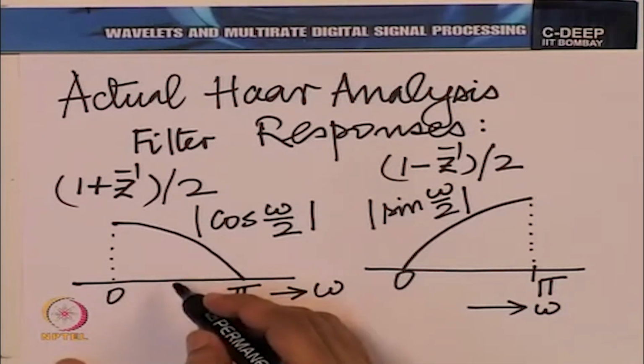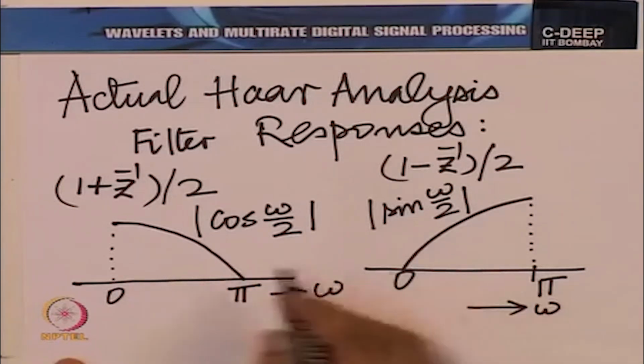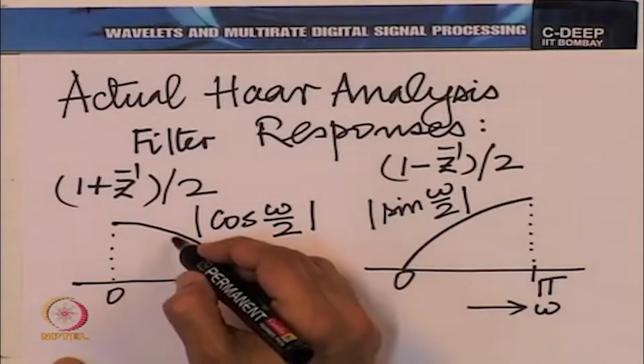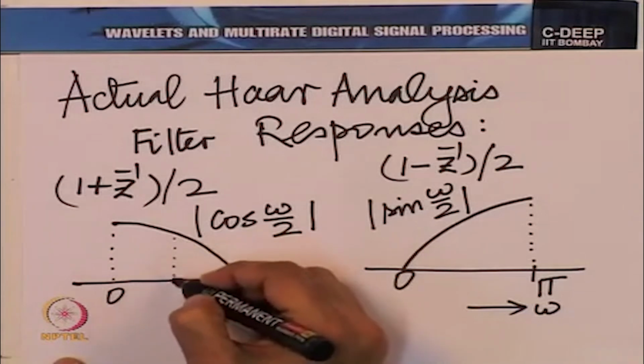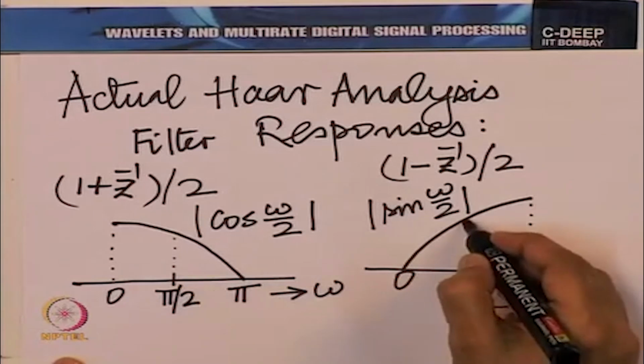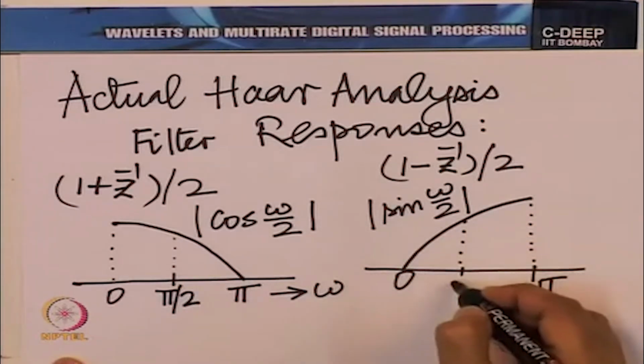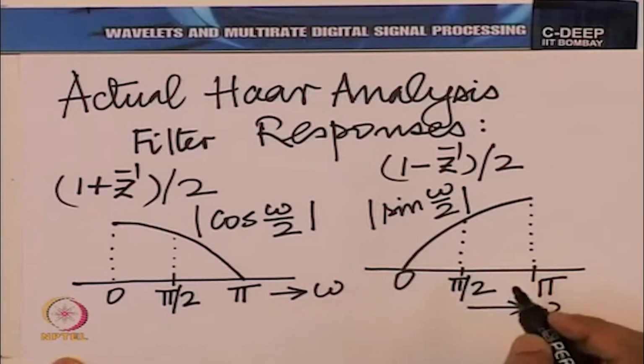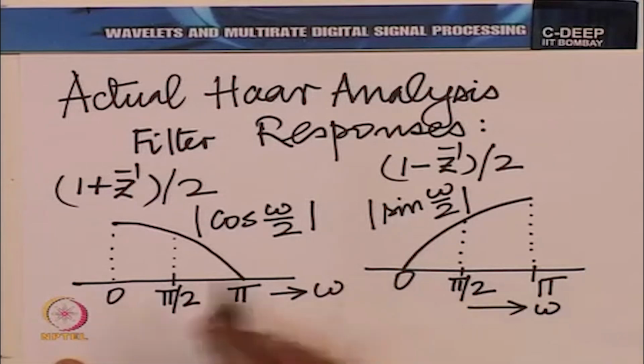Now, if you look at these two responses and if you mark them around the center, the center is pi by 2. So, if you mark them around the center, you see a certain symmetry in these responses about the center.